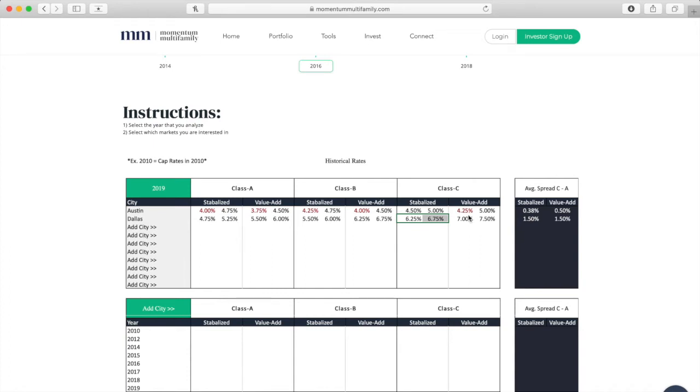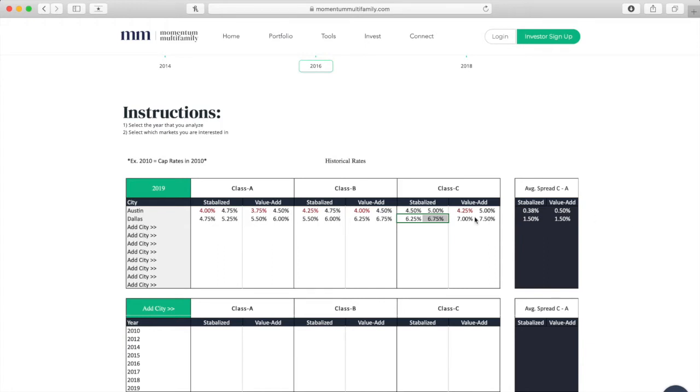So it's a really interesting tool that can help you get a good idea of where cap rates are, where there's potentially more value, and where in certain markets it may be worth your while to look at newer assets as opposed to older assets.